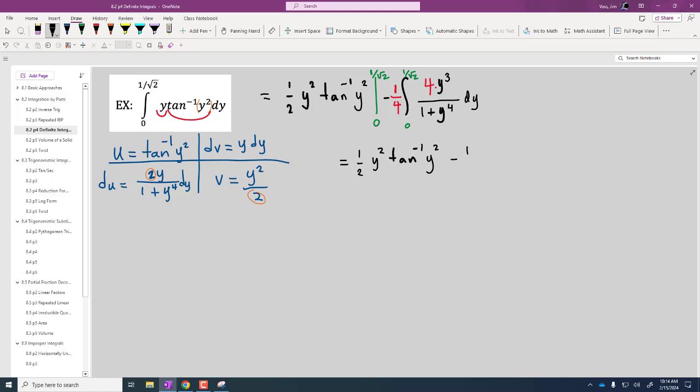So this will be negative 1/4 coefficient, and we're in log form, so now we get natural log of the absolute value of the denominator. Well, that denominator can never be negative, so we don't need the absolute value. And then our evaluation is on this interval.